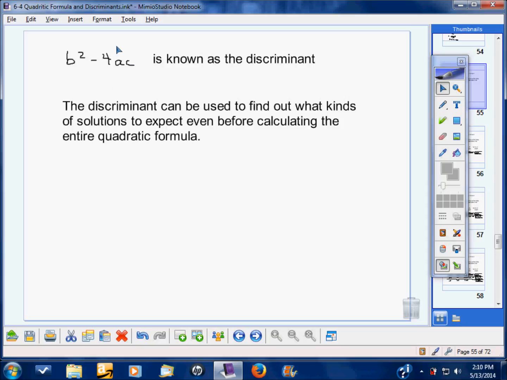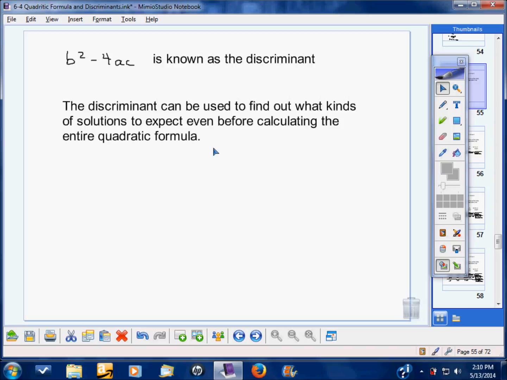When this comes out to be positive, and you're taking the square root of it, we don't have imaginaries to deal with. It will mean that you'll get a plus or minus, so you'll end up having two solutions.